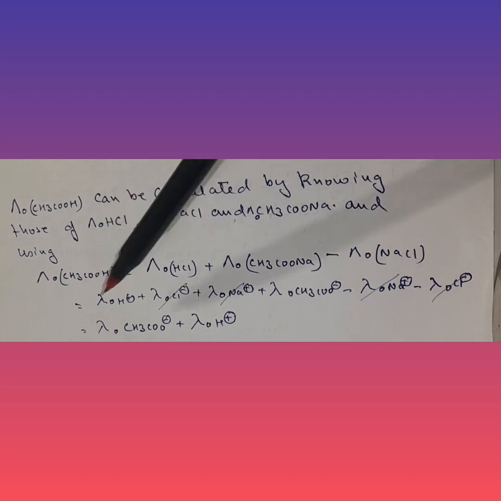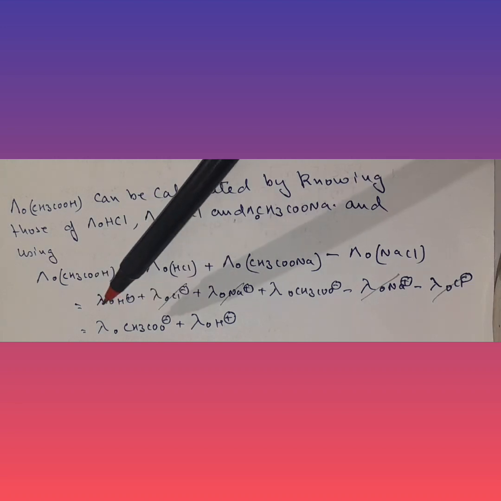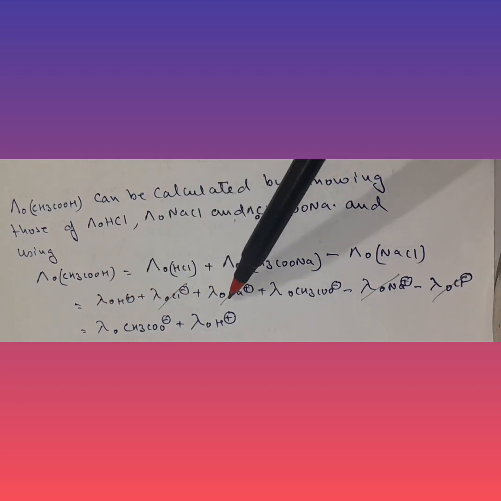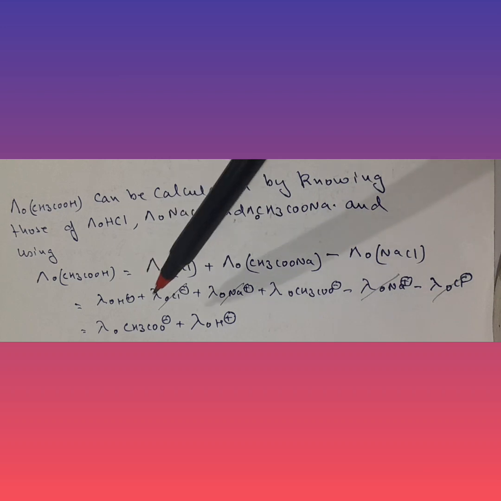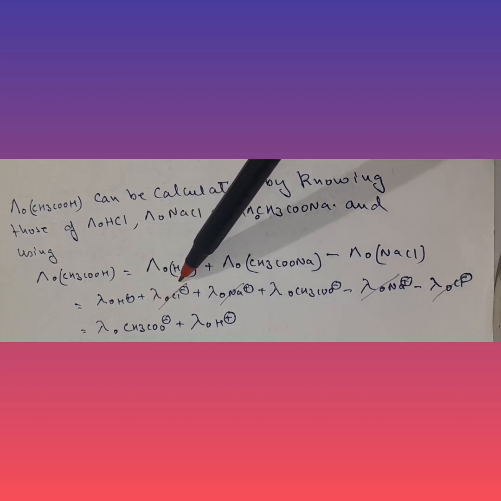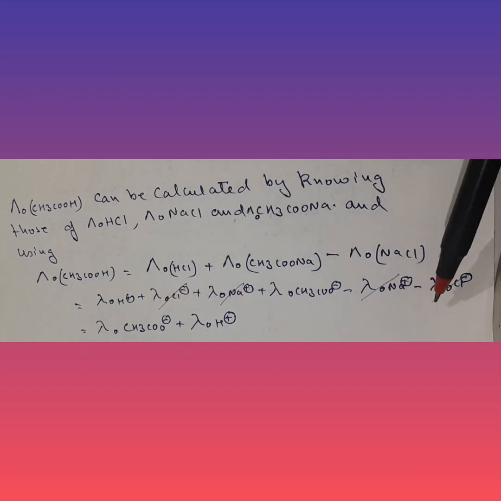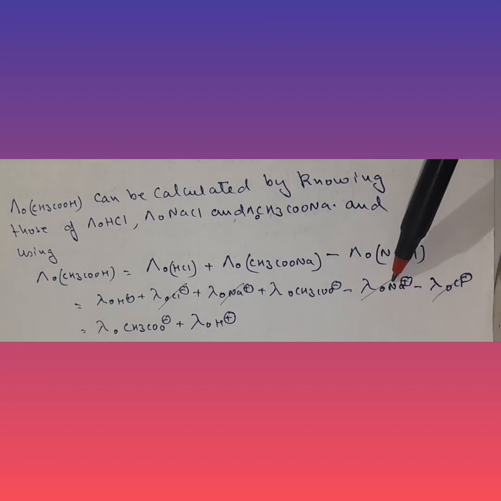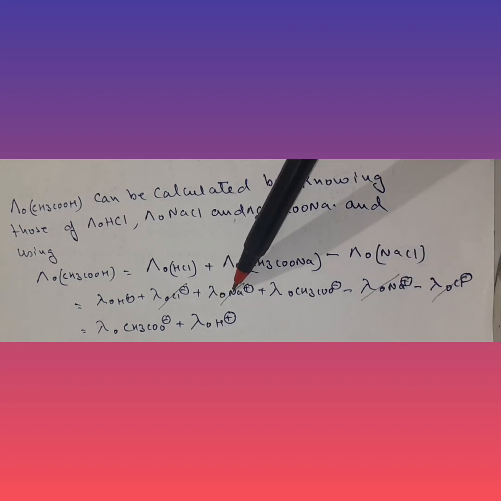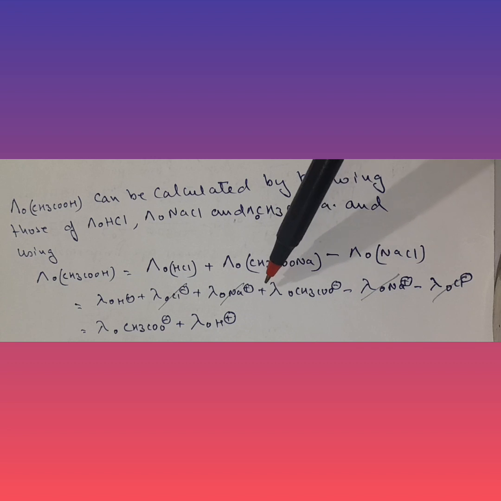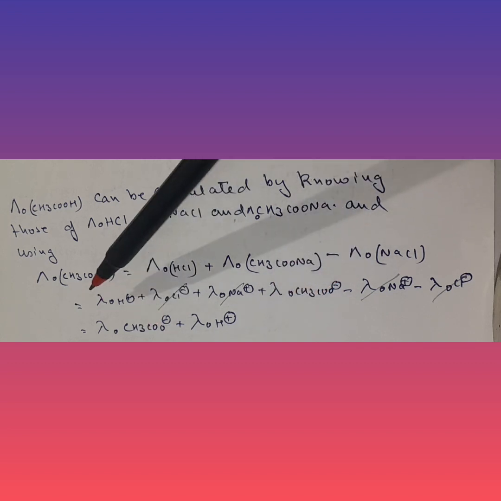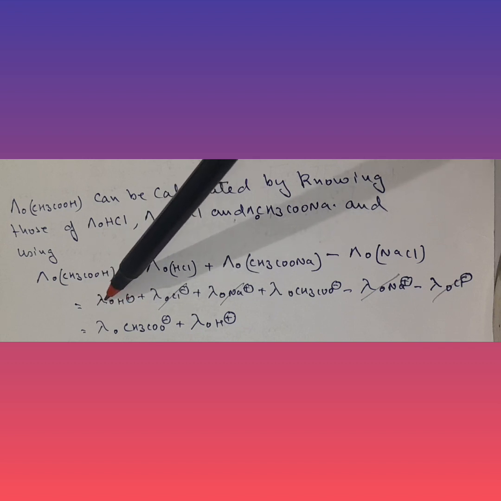This dissociates into molar conductivities of individual ions. We can cancel the common ones, and what we are left with is the molar conductivity of acetate ion and that of H plus ion.